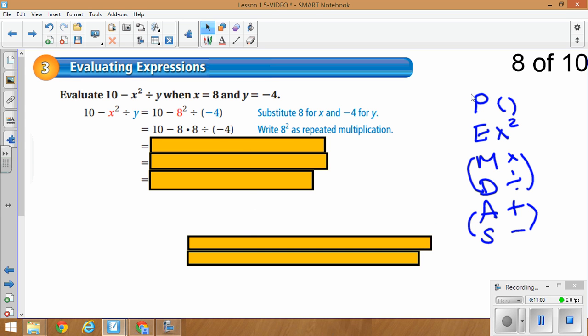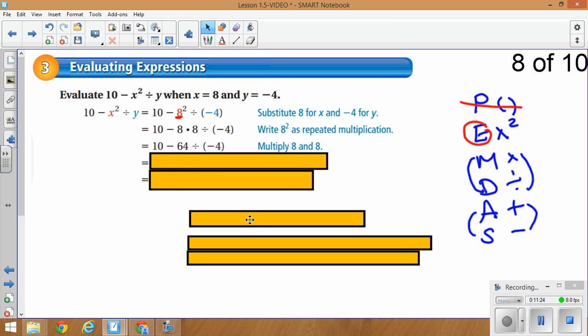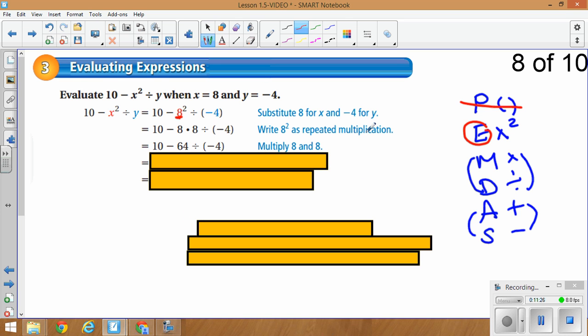So if we look at this list of order of operations, I don't have any parentheses that I can simplify. So I'm going to draw a line through P because there are no parentheses, but I do have exponents right here. So I'm going to take that 8 squared and write it as repeated multiplication, 8 times 8. I'm going to multiply 8 times 8.